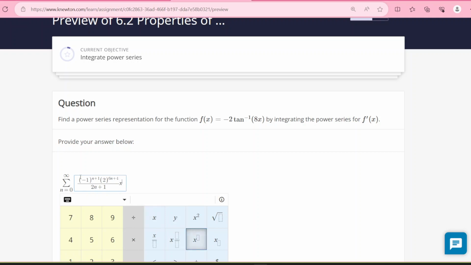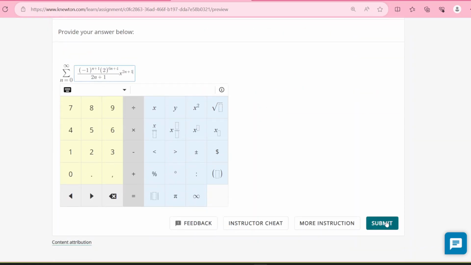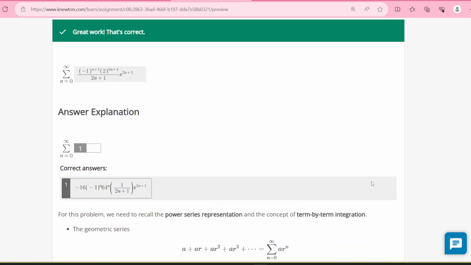All these were multiplied by powers of x, x to the 2n plus 1 power. There's your series that would converge to negative 2 times the inverse tangent of 8x, as long as x was from negative 1/8 to positive 1/8.